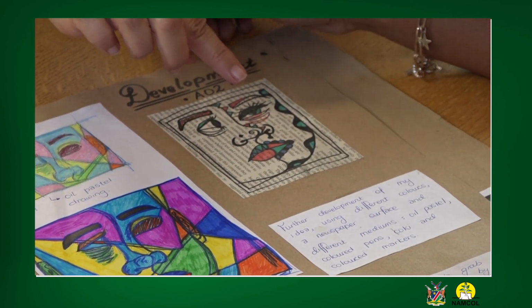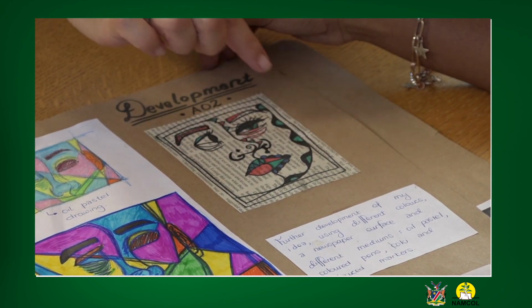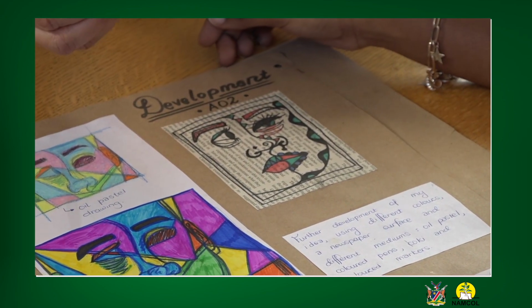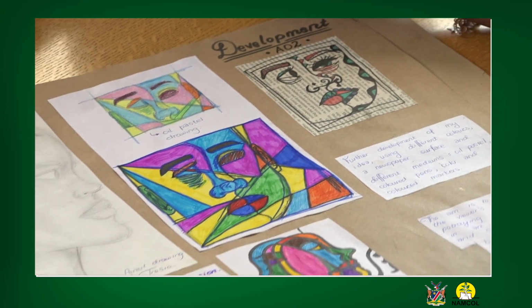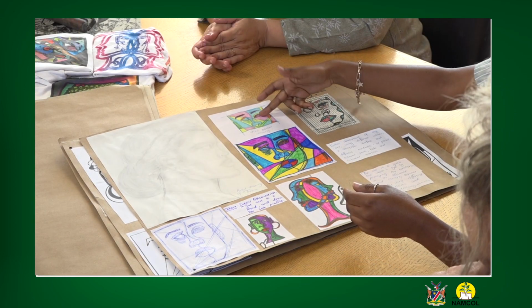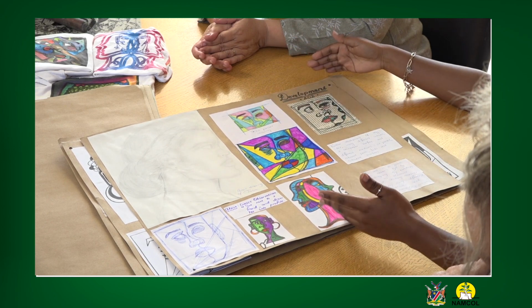And I see here you used some newspaper. Was that just an experiment? Yes. Because with development work, it's very important to be able to explore different mediums and surfaces, just to show that you were not limited to one specific idea. So I started with these, so oil pastel, pen.